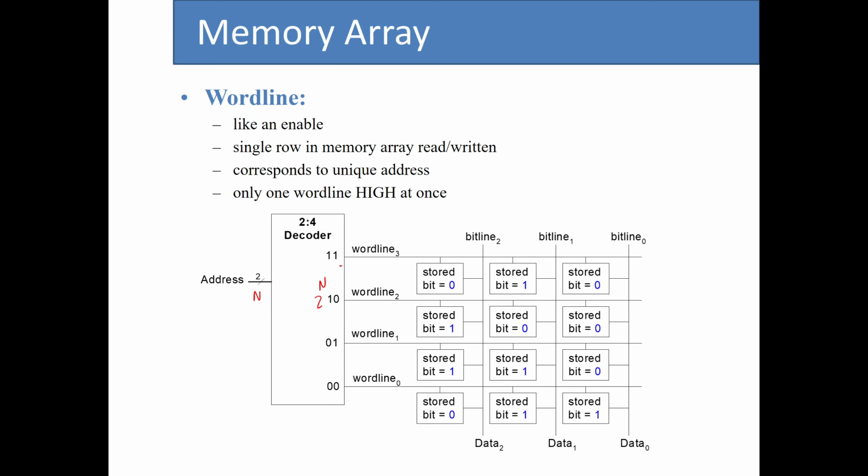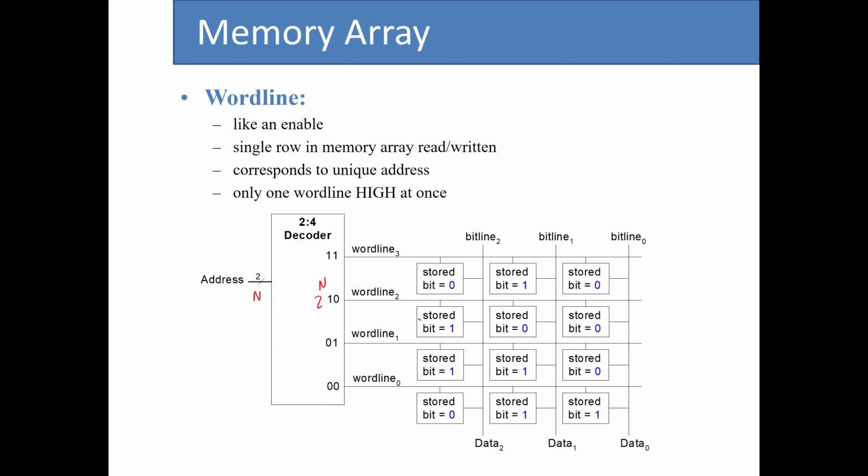We said that each output in a decoder is representative of only one minterm. Based on that, by changing the address, we can control which one of these outputs is 1, or for this specific application, which word line is being activated. Because what we want is that at any given time, only one of these word lines is 1 while the other ones are 0.